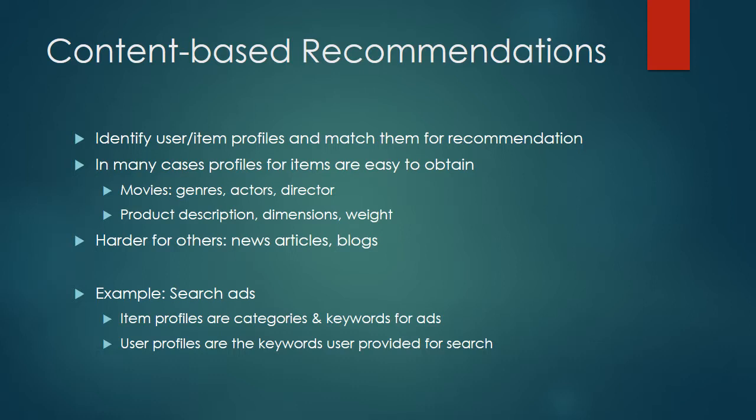So let's look at the first one, which is your content-based recommendations. We need to first identify these user and item profiles and match them for recommendation. Yes? Okay. So you spoke about the information that we were collecting in the past slide. So what is a good strategy to model all that information?